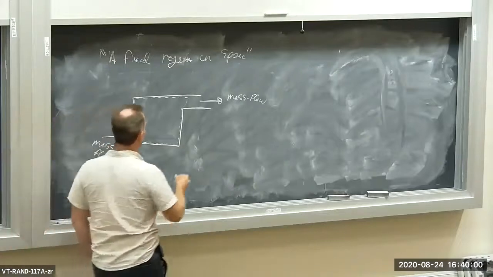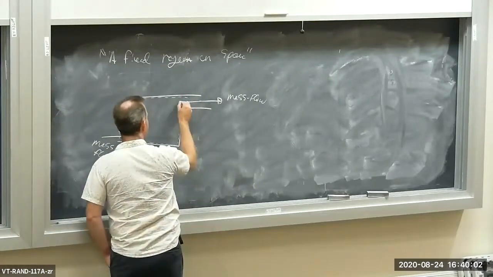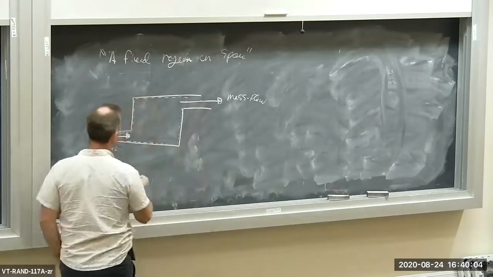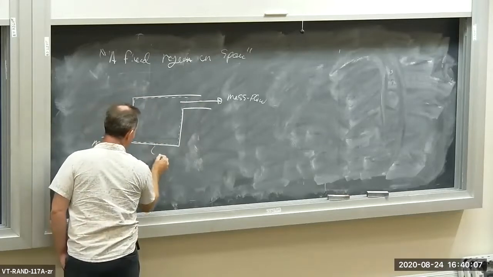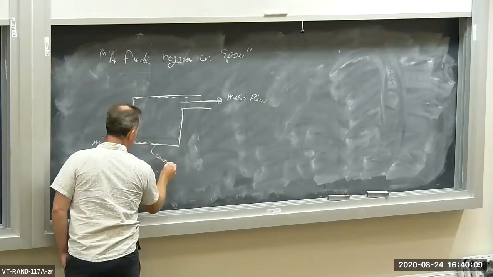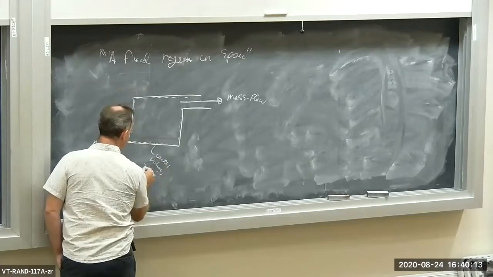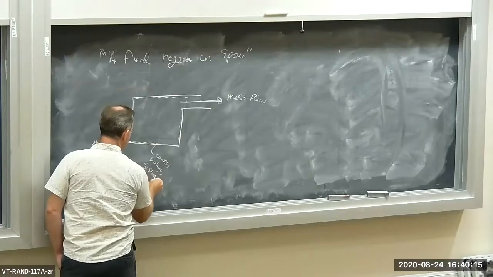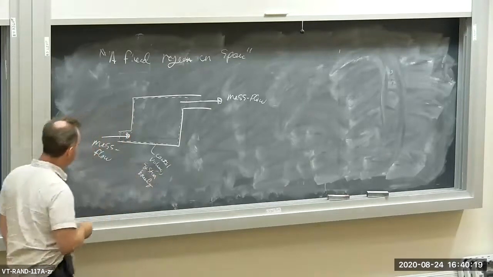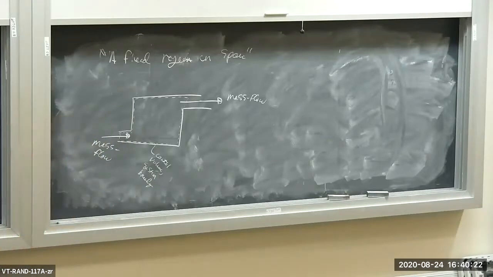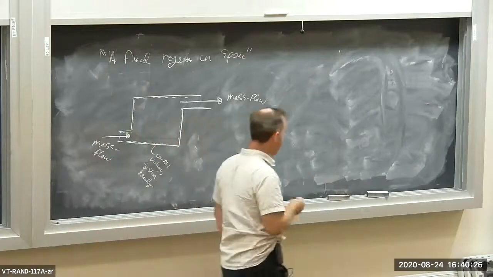Notice that mass is flowing across the system boundary. This dashed line is my control volume, or if you like, system boundary. Notice that mass flows across the system boundary.